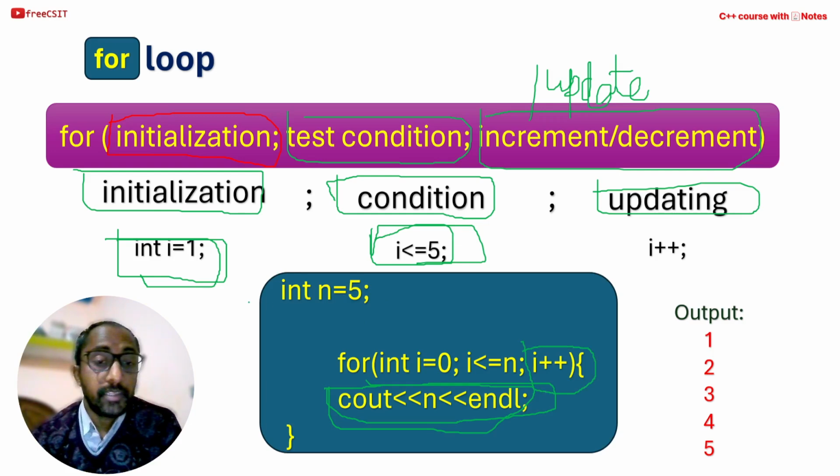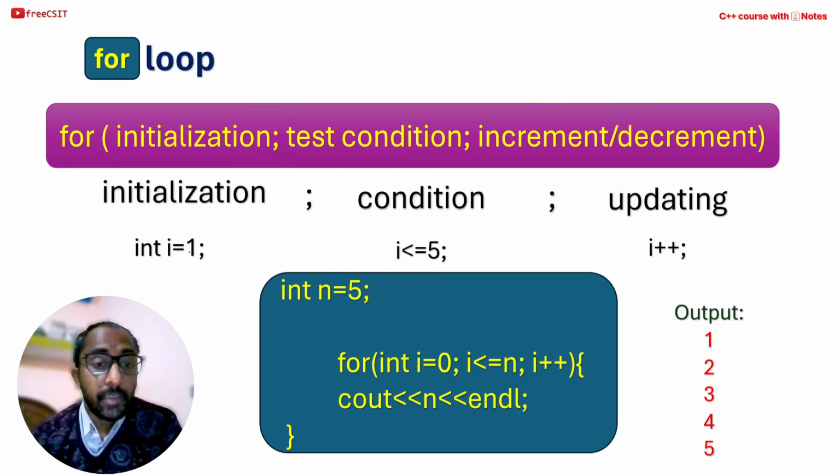So the output of this code will be printed like this. I will show you once again. Just like I have declared and initialized a value n equal to 5, so I have to print 0, 1, 2, 3, 4, 5.